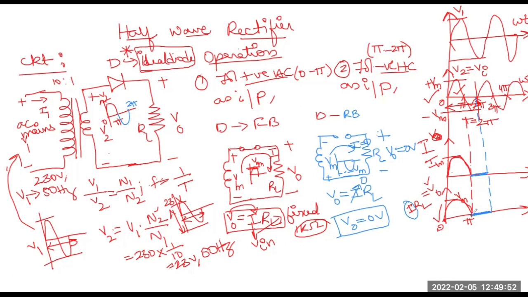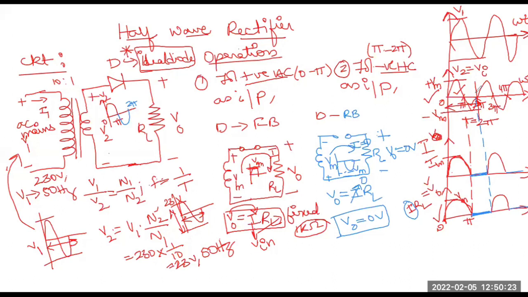So the output here is going to be just like this. Now if your waveform is repetitive, what do you think is the next output here? Positive half cycle. Follows output like this. Then negative half cycle, 0, ma'am. Finally, 0. So this is how you see the output waveform.